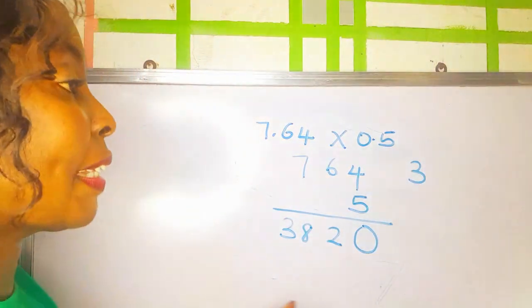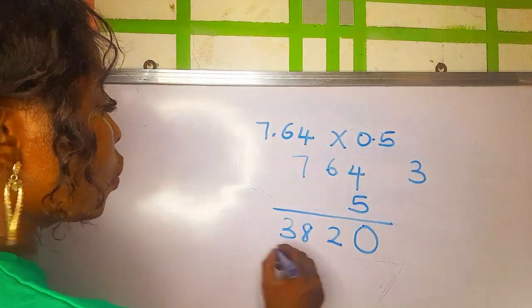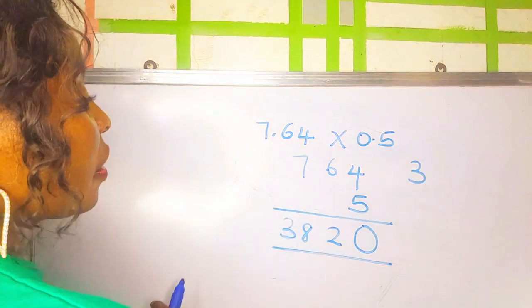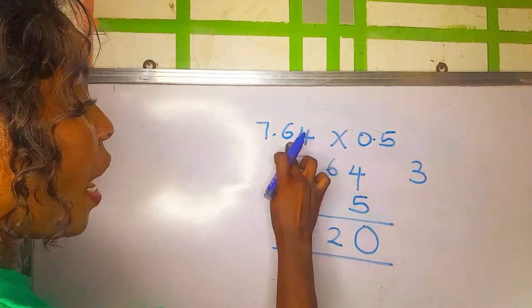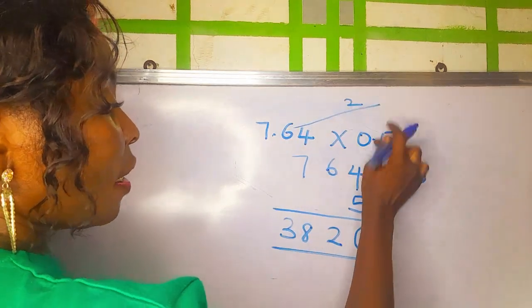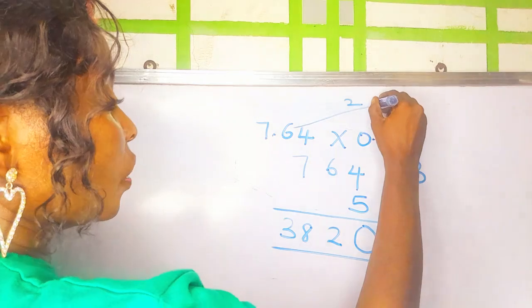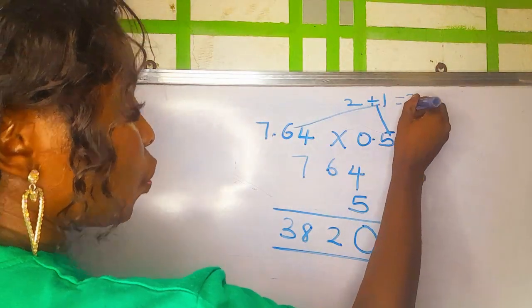So the next step, number 3, we are going to bring back our decimal into our final answer. Now after the decimal point to the right, we have 2 digits. After the decimal, to the left, we have 1 digit. 2 plus 1 is giving us 3.